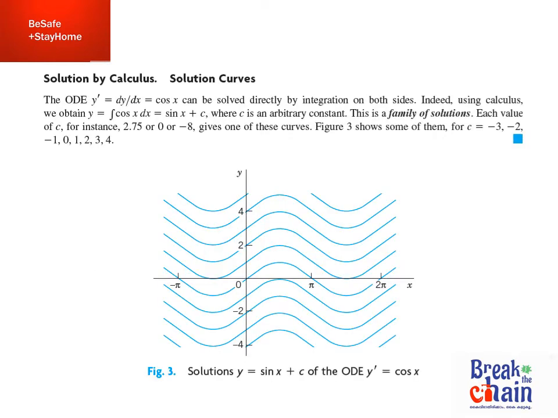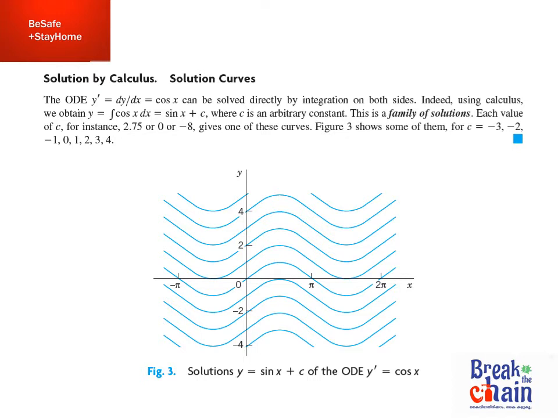Now, another type, solution curves. Here we are considering another differential equation, y dash is equal to cos x. You just integrate and we will get the solution as y is equal to sin x plus c. Here c is called an arbitrary constant. So you will be getting a large number of curves corresponding to different values of c.